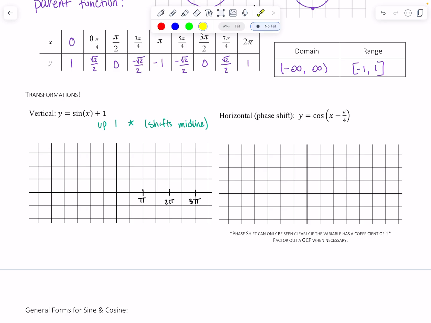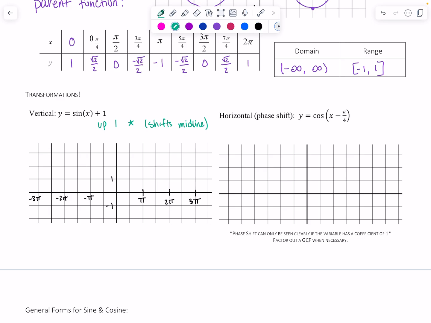If you want to label every single line on your x-axis, you can. But from here we can tell that if this is pi, then this is pi over 2, and so on. And I like to go in the negative direction as well: negative pi, negative 2 pi, negative 3 pi. We're also going to scale our y-axis, which is just going to go by 1s. So I want to make sure I note that there.